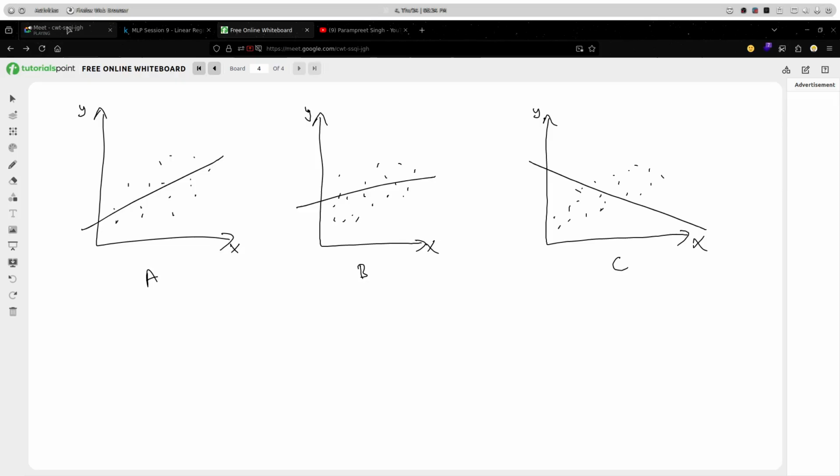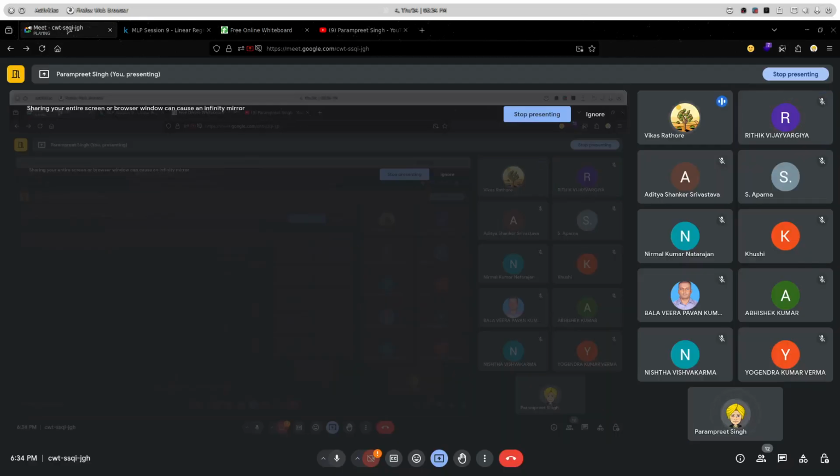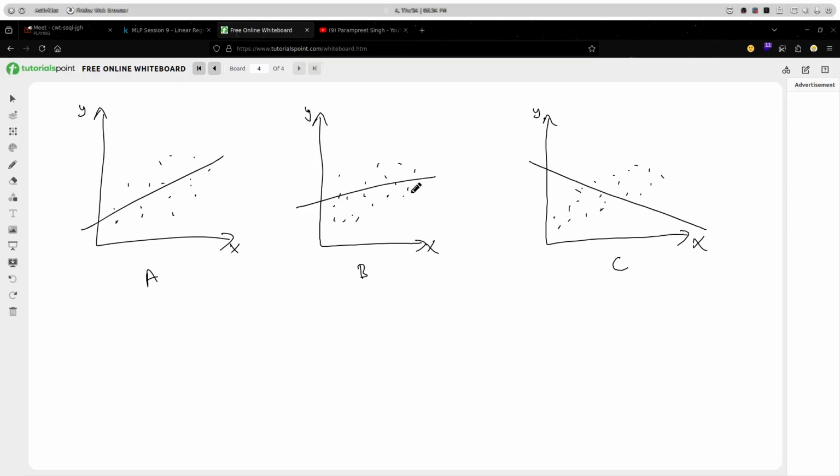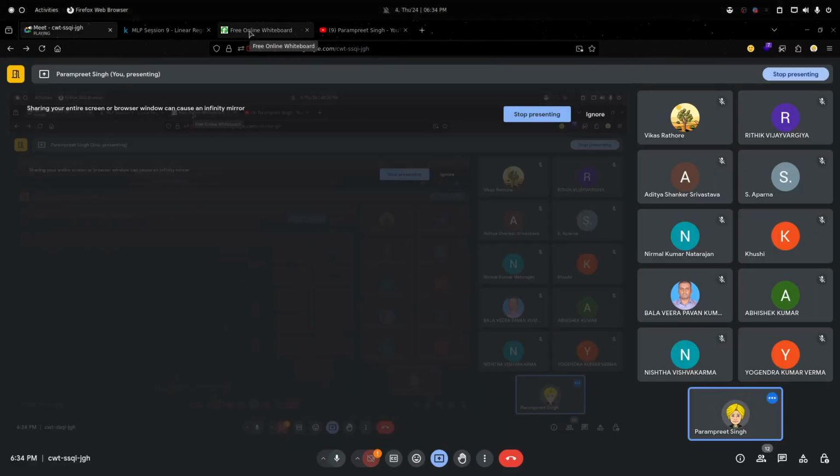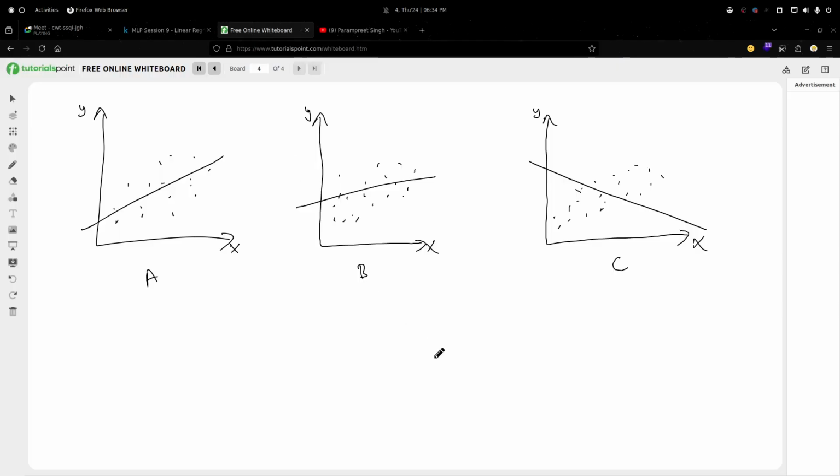A, B, or C? Everybody is agreeing with A. If you want to say B or C, you can speak up. So A, give a thumbs up if you agree. Okay, A, right.